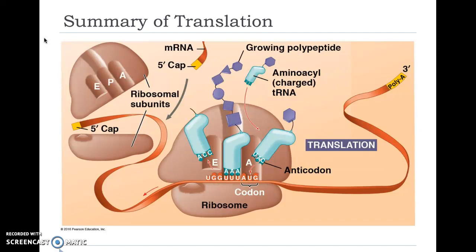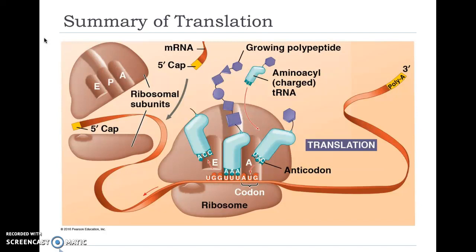Something else that you should notice on here is the tRNA, which in this picture looks like a Christmas stocking upside down. The Christmas stocking, or tRNA molecule, is what brings in the appropriate amino acid. Now, how does it know what amino acid to bring in? It also has a code on it as well.